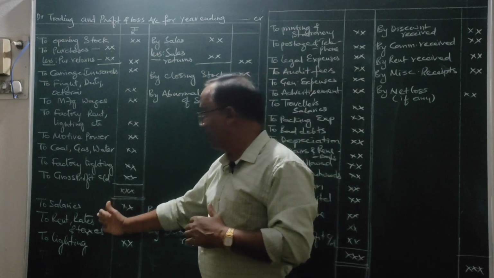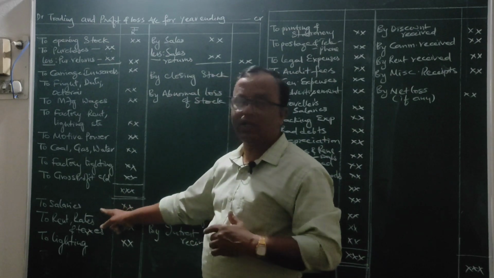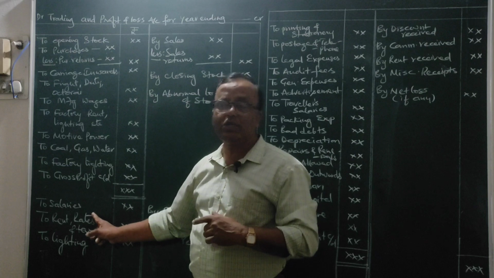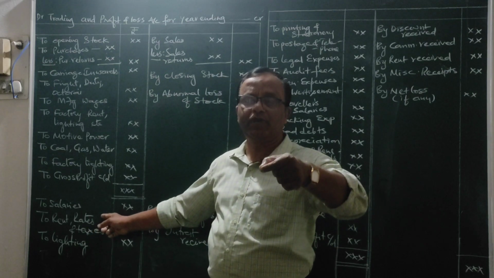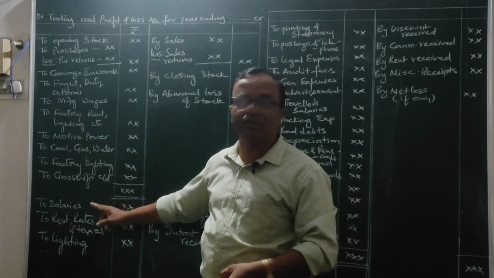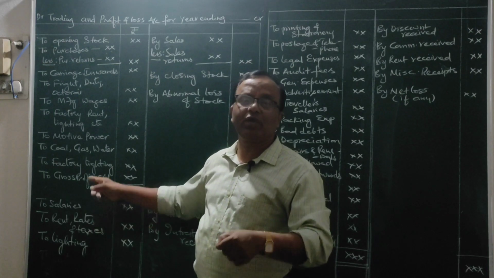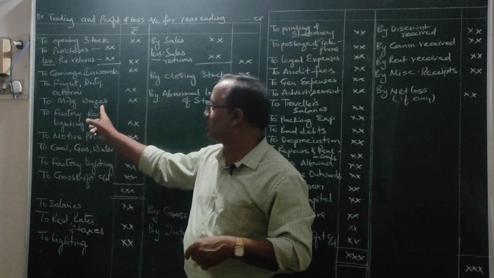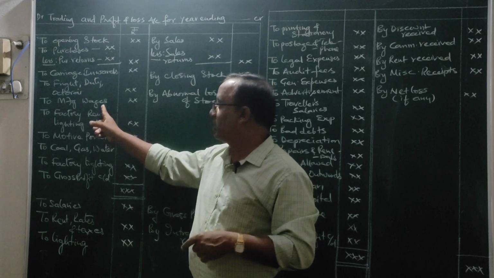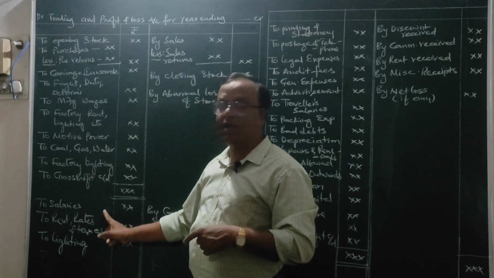Observe here, indirect expenses: salaries. What are salaries here? Salaries means remuneration paid to the permanent staff. Remuneration paid to casual labor is called wages. So wages are direct expenses, and salaries are indirect expenses.